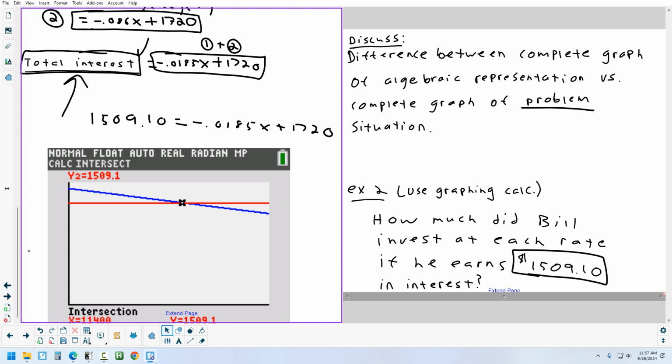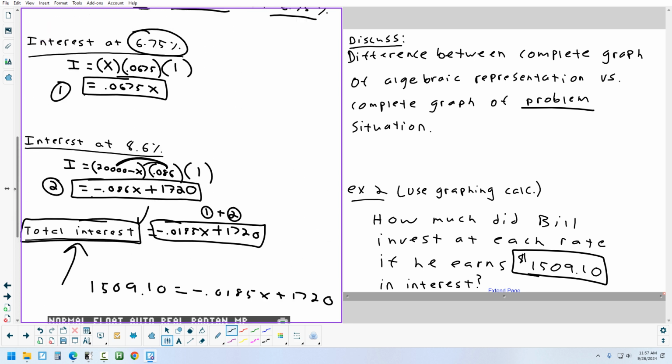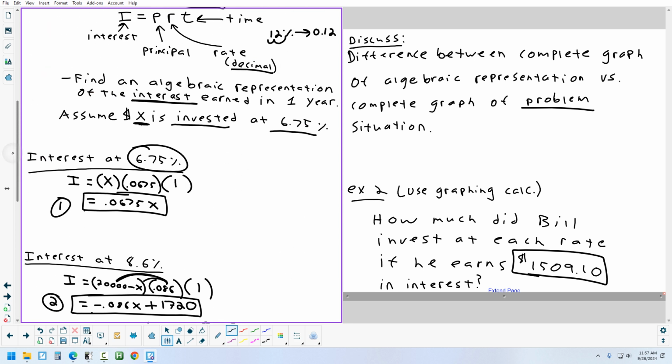So it is telling me that x is 11,400. If you don't remember what x is, scroll back up. What was x in this problem? Yeah, the amount of money invested. Can you be more specific?